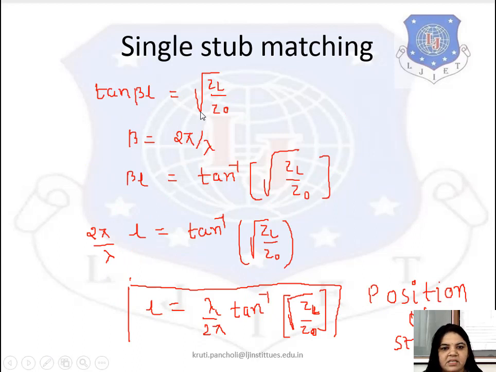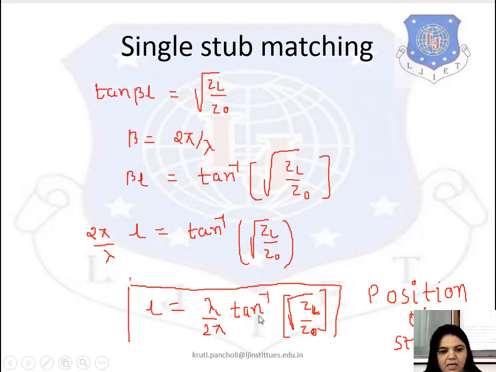But β is equal to 2π/λ. So βL is equal to tan inverse of the square root of ZL/Z0. So what is β? It is 2π/λ into L equal to tan inverse of the square root of ZL/Z0. Therefore L is equal to λ/2π tan inverse of the square root of ZL/Z0.